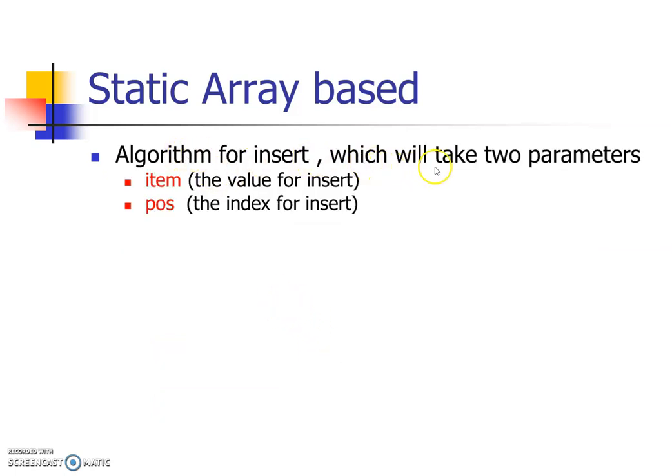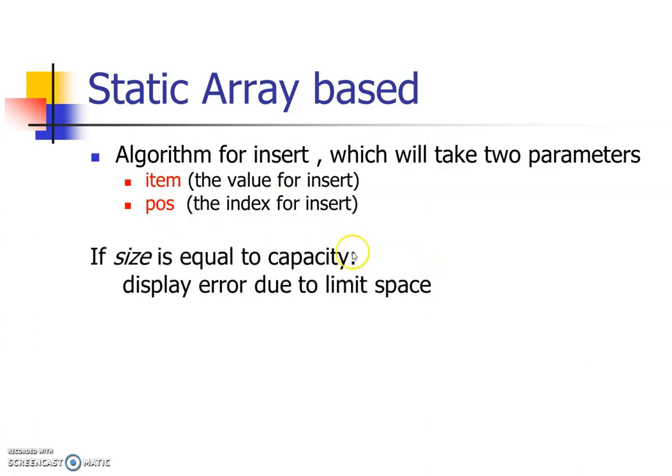The algorithm for insert will take two parameters as we mentioned. You need a value and you also need the position of where we want to do the insert operation. So before we do any insert, we need to check for two things. First of all, if the size is equal to capacity.